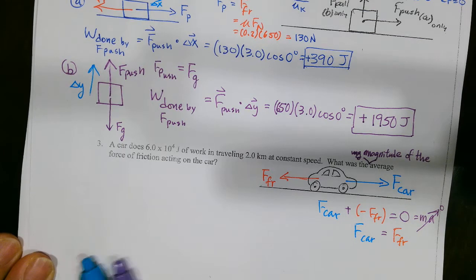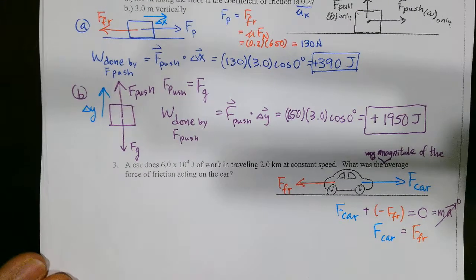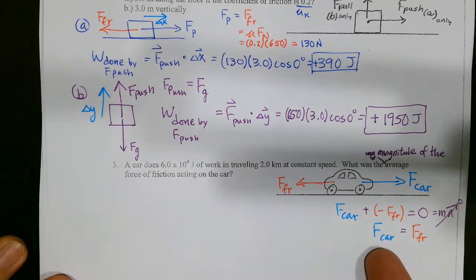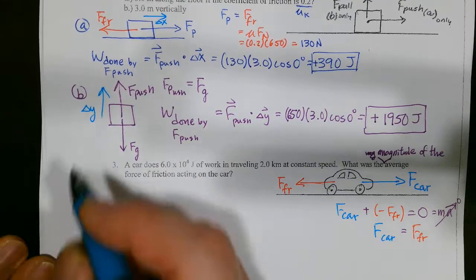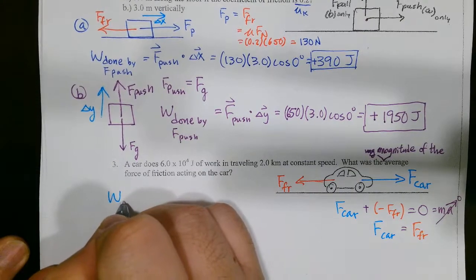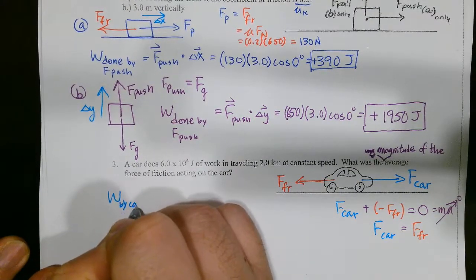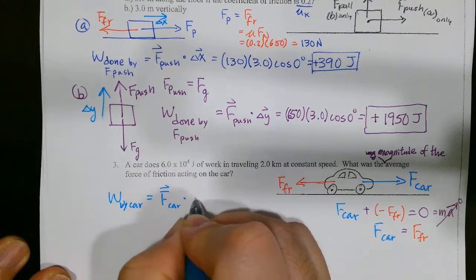Okay. So let's see how much work was done by the car. If we know how much work was done by the car, then that's exactly how much work was done by friction. So let's see, work done by car is equal to F car dot delta x.